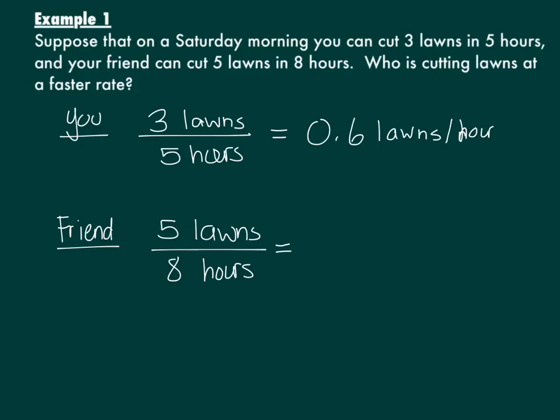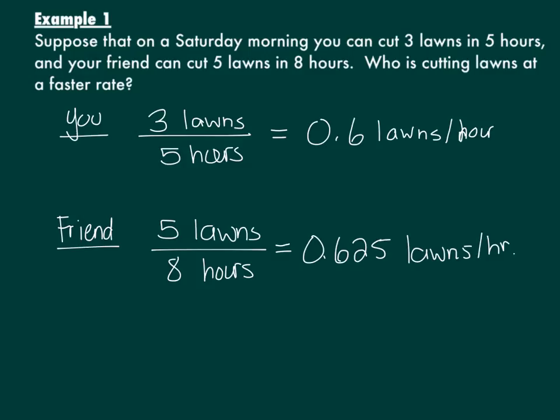So 5 divided by 8 gives us the answer of 0.625 lawns per hour. So now this makes it a little bit easier because both of these we're comparing it to 1 hour.